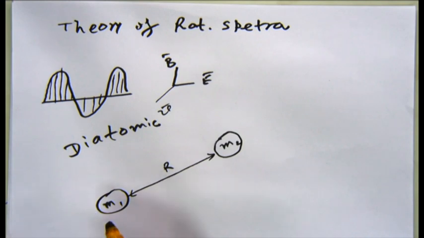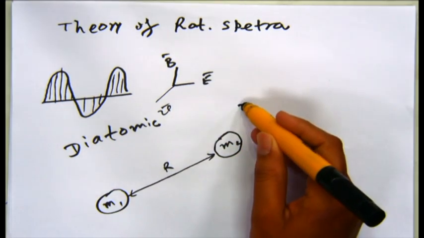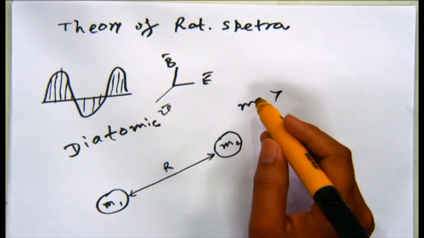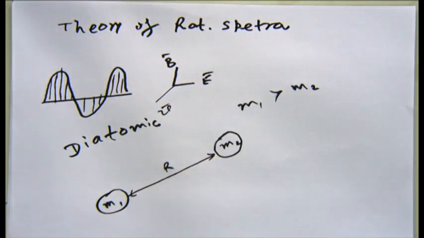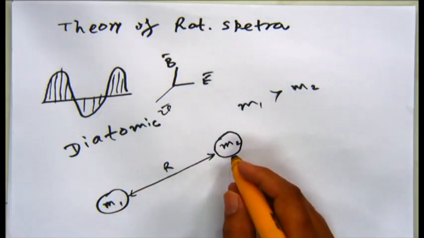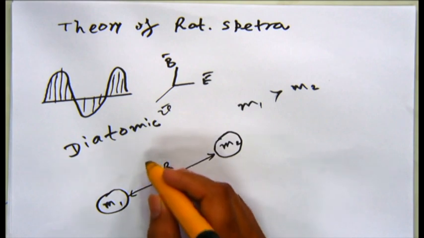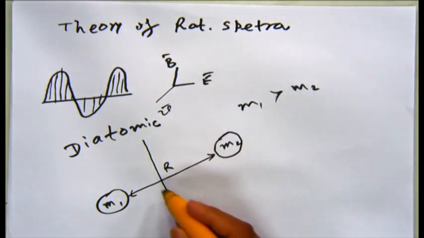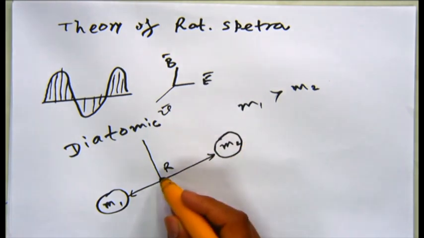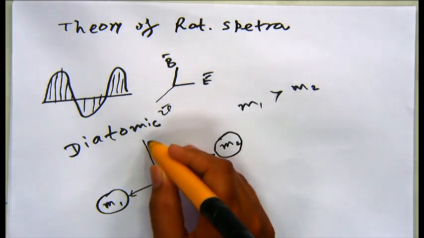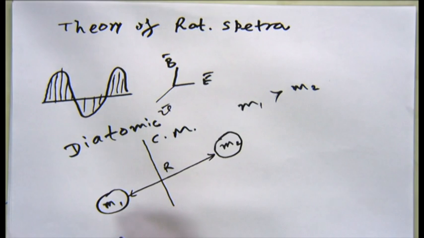Center of mass: suppose that the mass of the first particle is greater than the mass of the second particle. So mass m1 is massive compared to mass m2, and that's why the center of mass is not nearer to mass m2, but nearer to mass m1. So this is the center of mass.